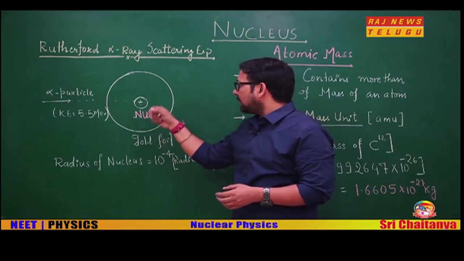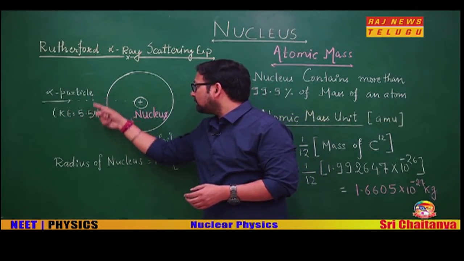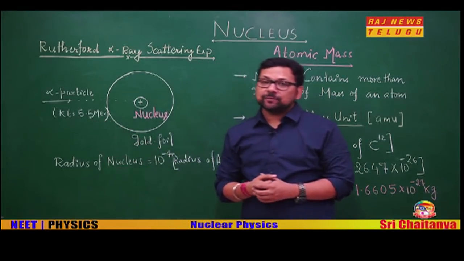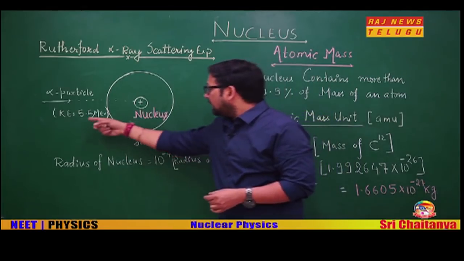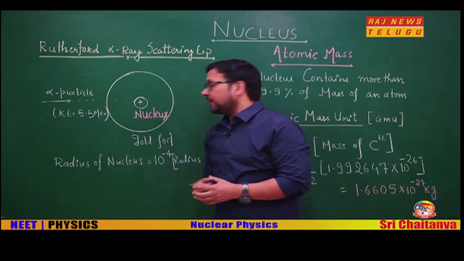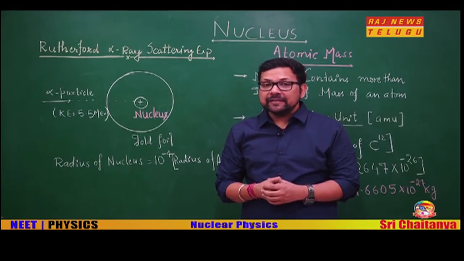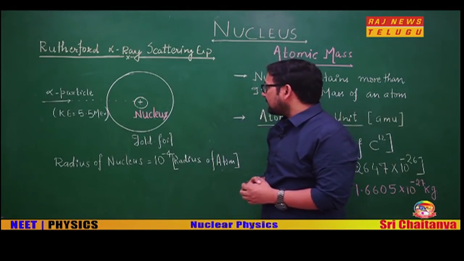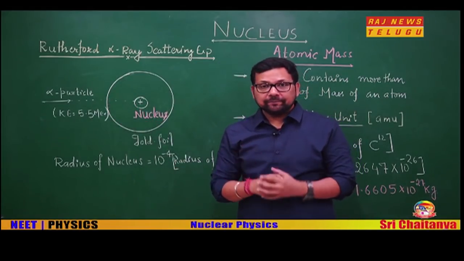On gold foil bombardment, you can see the kinetic energy of the alpha particle used in this experiment in the year 1911. The kinetic energy was 5.5 mega electron volt. And what was experienced at that time? It was experienced that the alpha particle was being repelled.